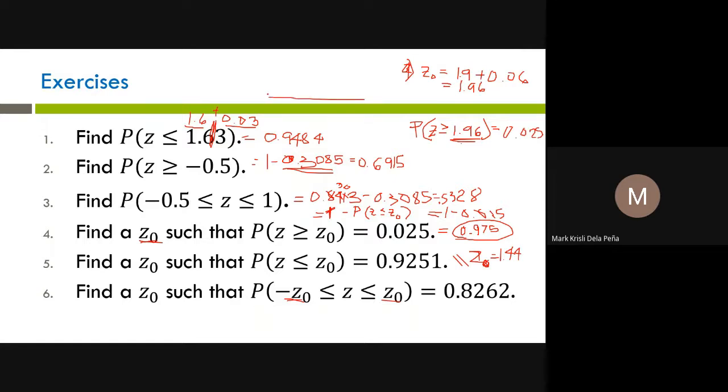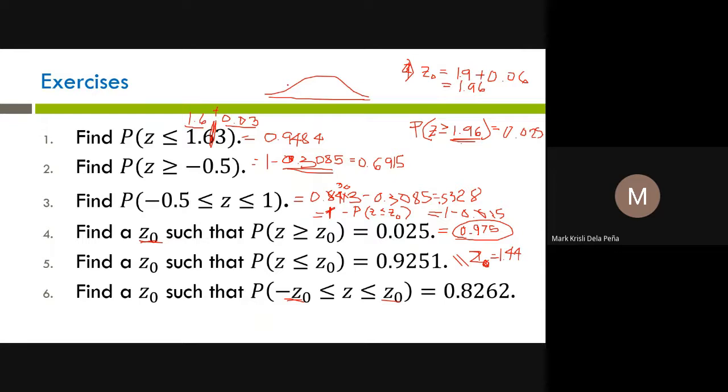in a normal curve, the total area is equal to 1. If negative z₀ and positive z₀ are converted to their absolute values, they will be the same.